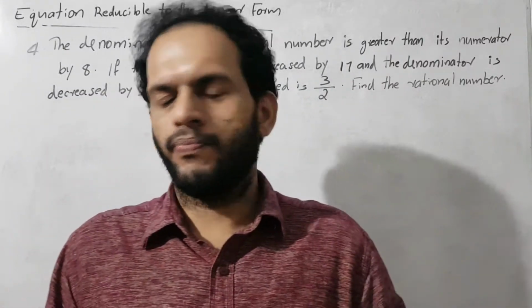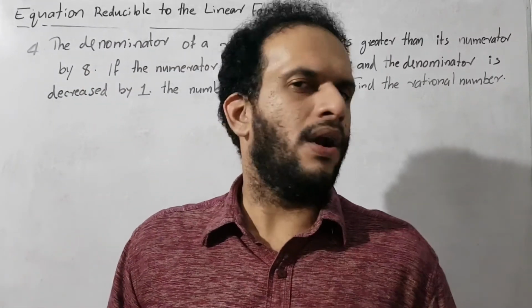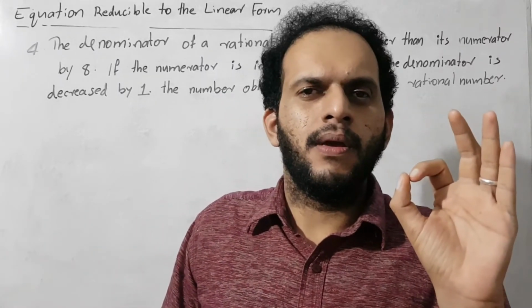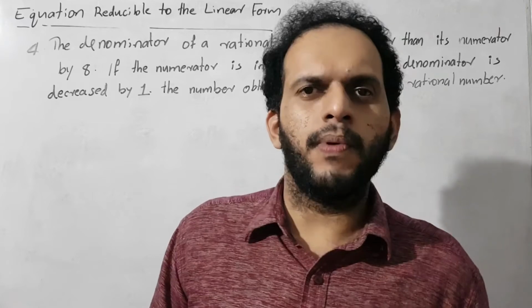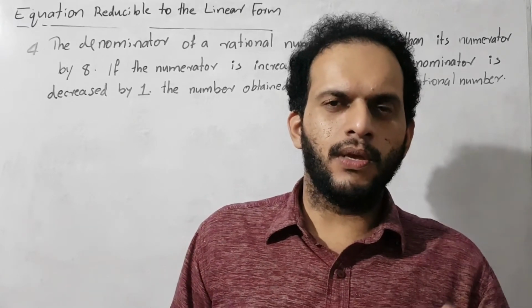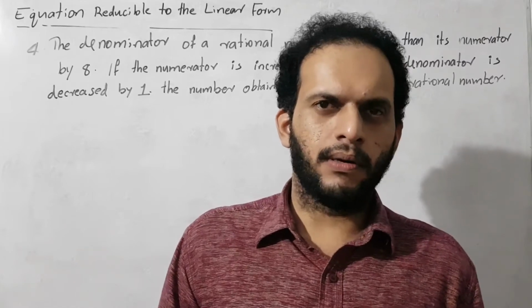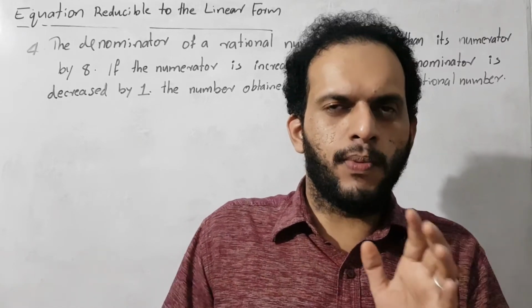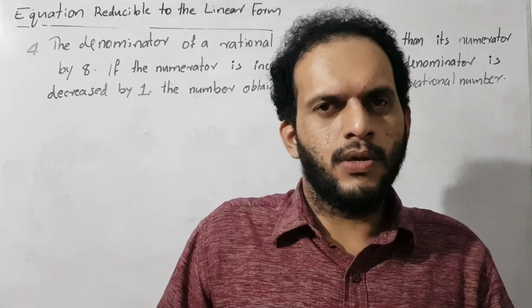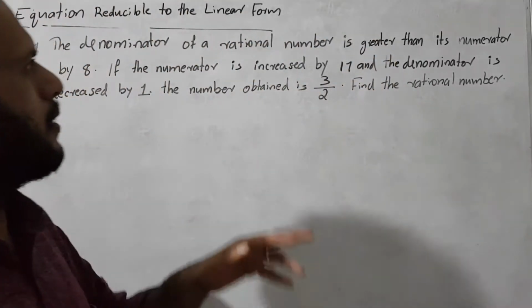What is a rational number? Any number that can be written in the form of p by q is called a rational number, correct? So here, what is the question?